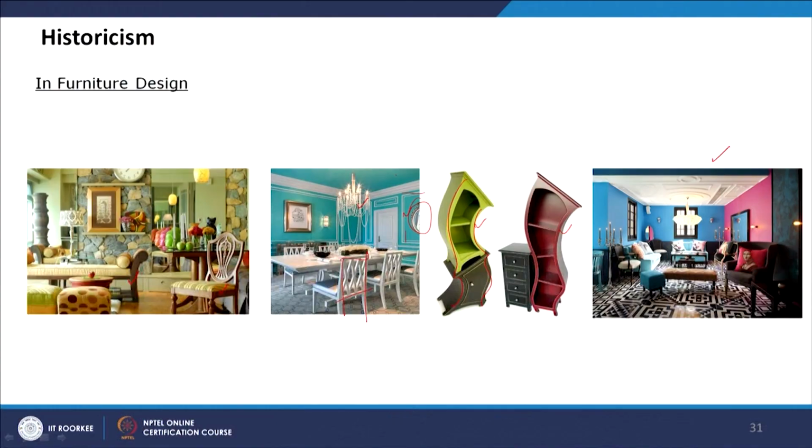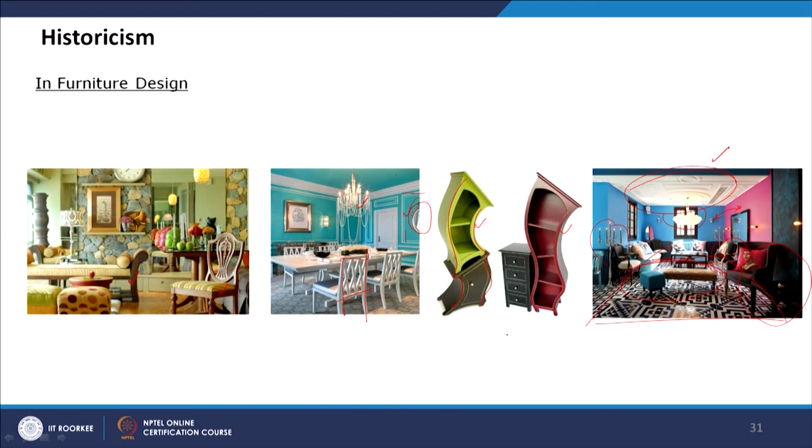The similar concept of historicism can be seen in furniture design. If you look at this example, the chandeliers, this candle stand and many of these furnitures are taking inspiration from history, even the false ceiling work, but the color choice is very pop and postmodern, and this kind of flooring pattern is taking inspiration from history, but is very contemporary in nature.